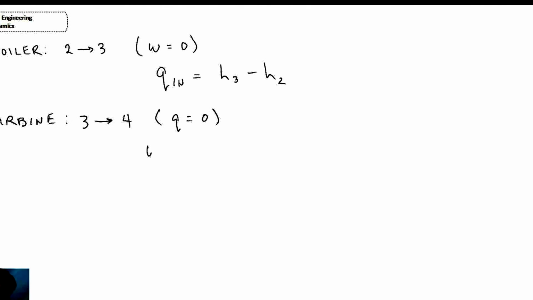Now the next item that we will look at is the turbine. In the turbine, we're going from state 3 to state 4, and just like in the pump, we're going to assume that there is no heat transfer, and the only thing going on is we're getting work out. We quantify that by the change in enthalpy of the fluid going through the turbine.